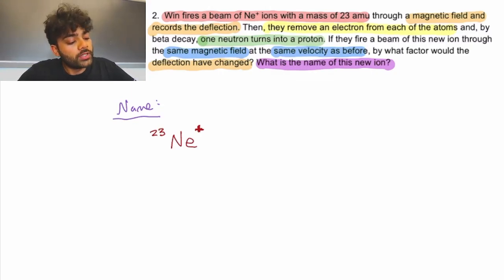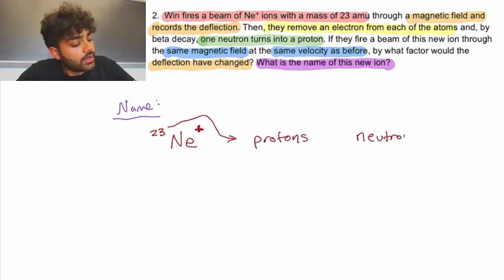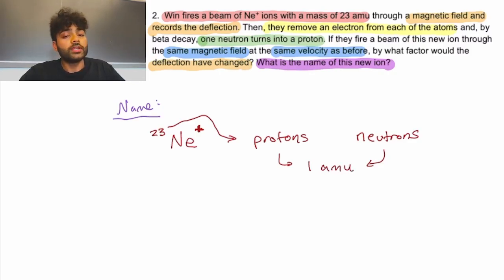So we know now that our atomic mass is comprised of protons and neutrons. Our electrons' masses are negligible, and a proton and a neutron both weigh 1 AMU. So we need to figure out how many protons and how many neutrons we have.